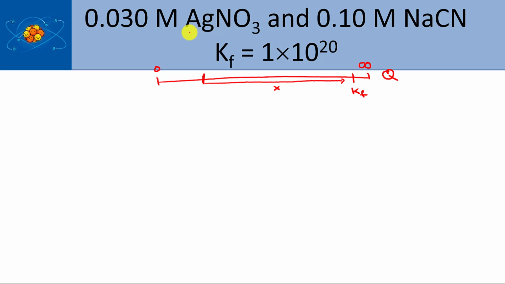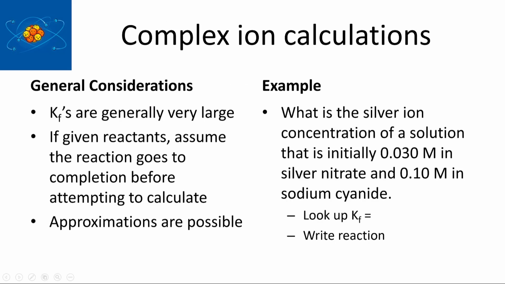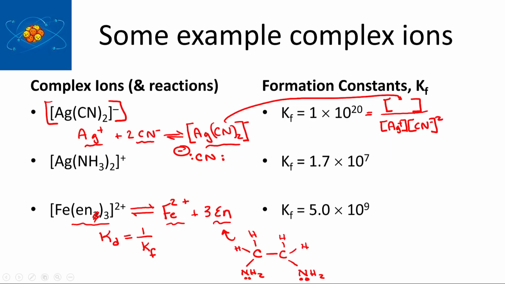Okay, so we're going to set up our reaction. Now, here's the thing. Ag and CN, those are the two ions that are going to form your product. And we know that Ag plus CN minus is going to make some sort of complex ion, but you need to know what the formula is. Now, I covered this one earlier. Oh, sorry.